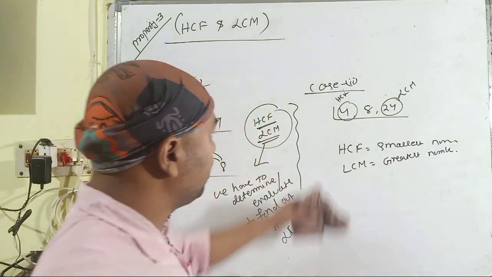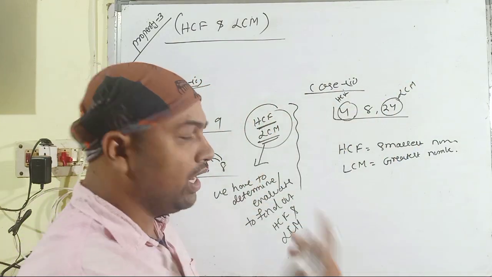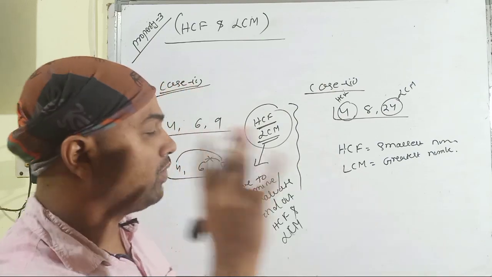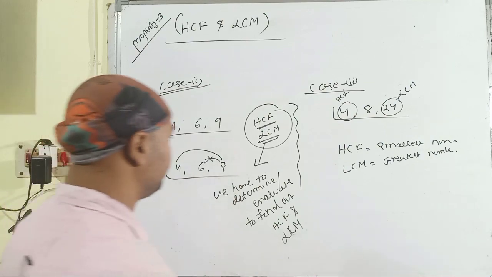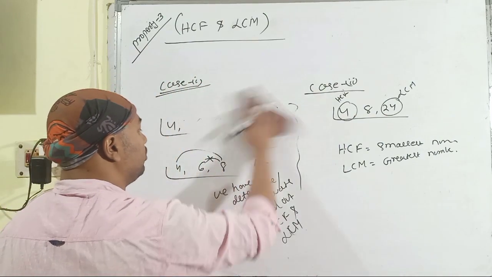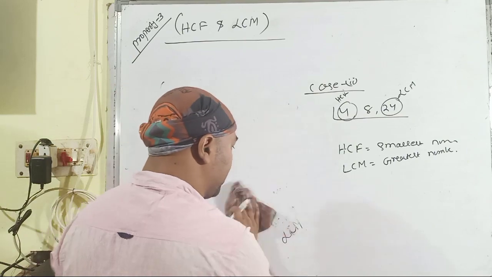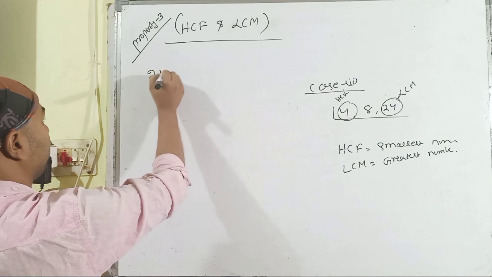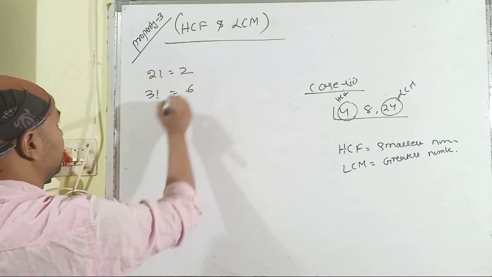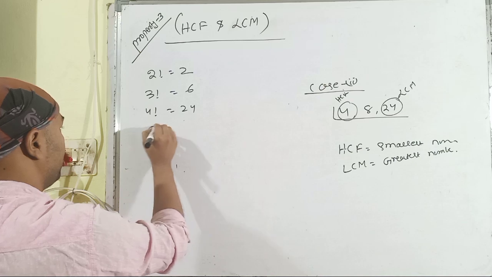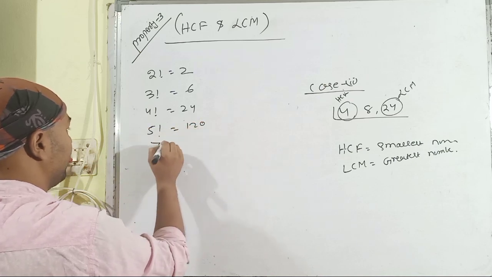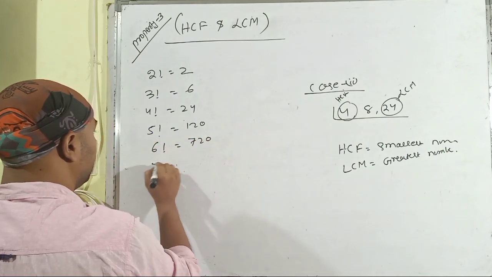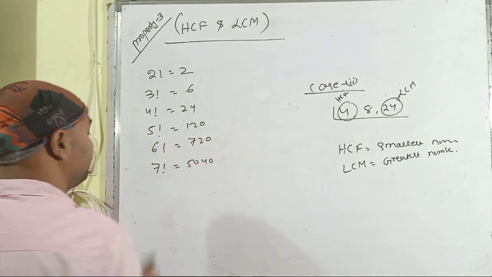And what does case number 2 tell? That for any two numbers you choose, the greatest number is a multiple of the smallest number. So the factorial topic comes under case number 2, because 2 factorial is 2, 3 factorial is 6, 4 factorial is 24, 5 factorial is 120, 6 factorial is 720, 7 factorial is 5040.